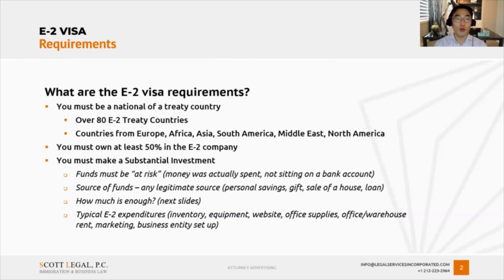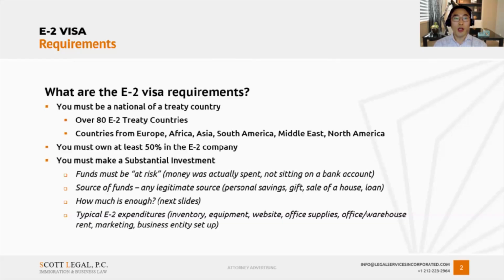A few countries would be added or fall off from the list. So you should check the official E2 country list before you actually submit your E2 visa application. But keep in mind that you do not need to be born in the treaty country. You just need to hold a passport from the country.